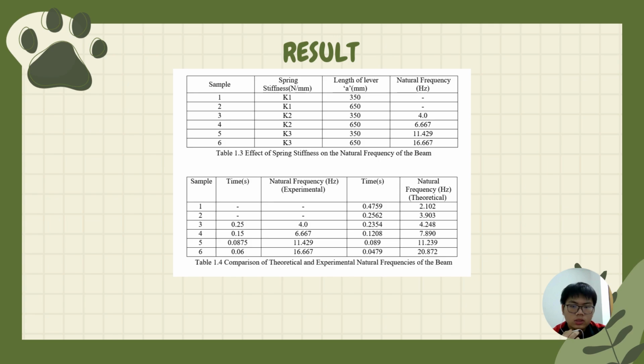The natural frequency for the first two samples is not detected because it is too close and no oscillation occurs. For the maximum sample, at 650 mm, we got a natural frequency of 16.67 hertz.